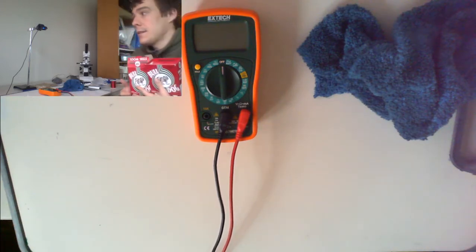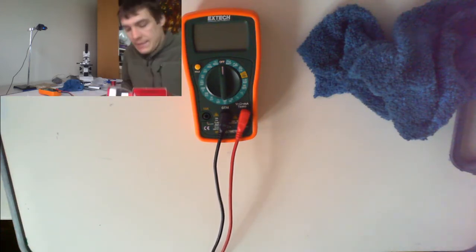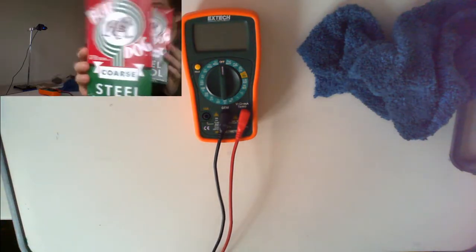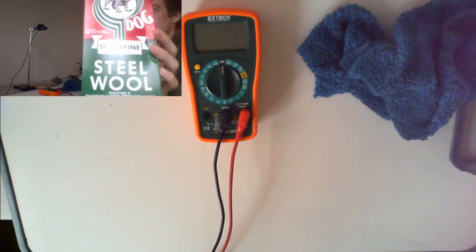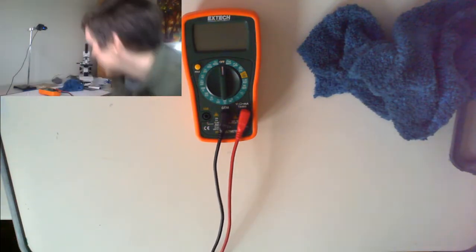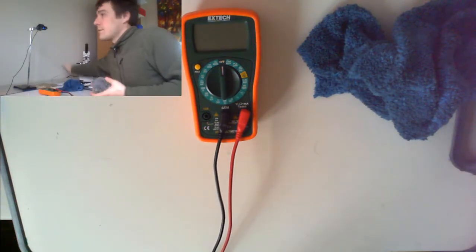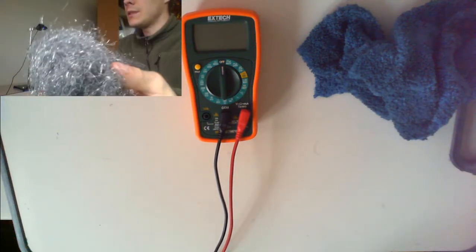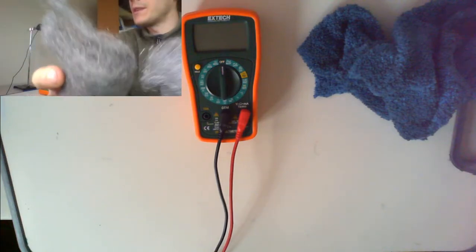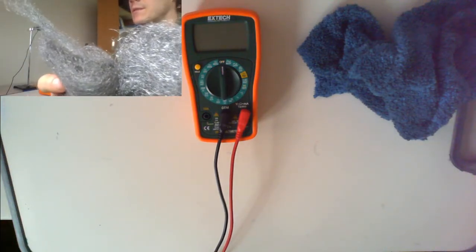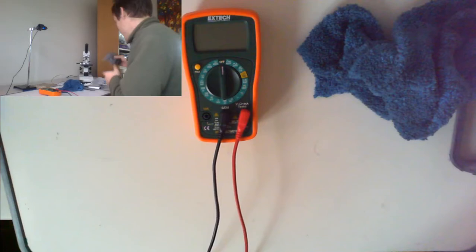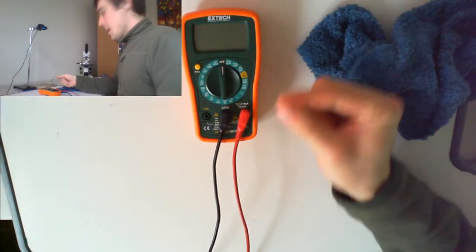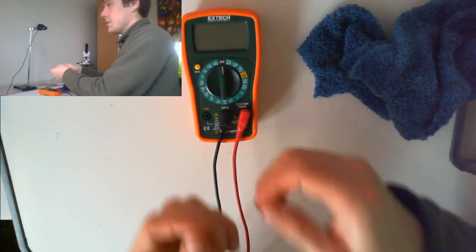Okay, I'm back, and what I have here is two kinds of steel wool. One is coarse, one is super fine, and this is what they actually look like. This is the coarse, see how it's kind of big, and this is the superfine, which is much finer, and you can see the difference between the two. Here is a coarse fiber.